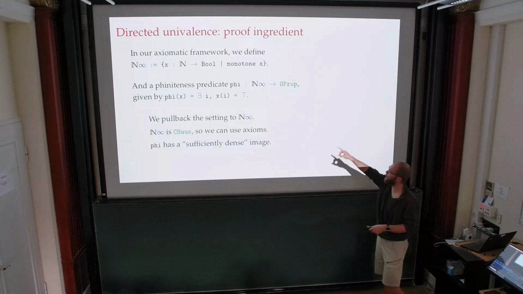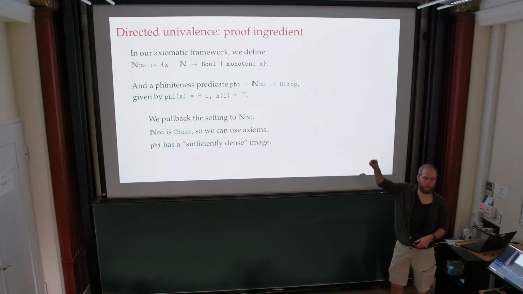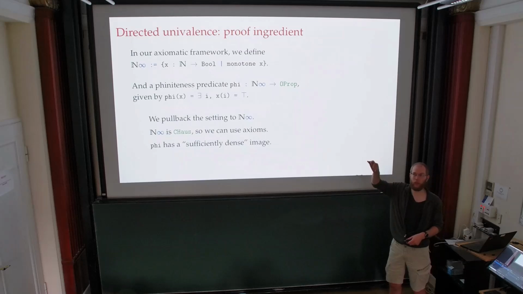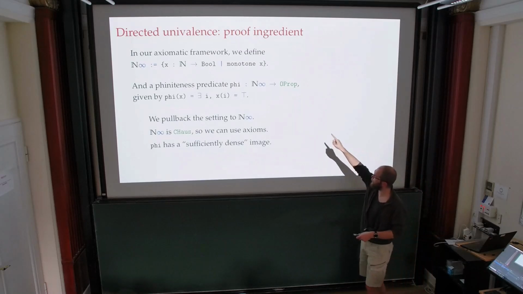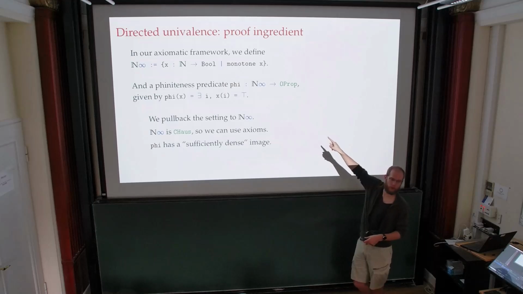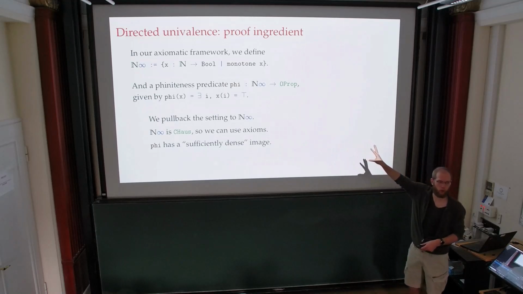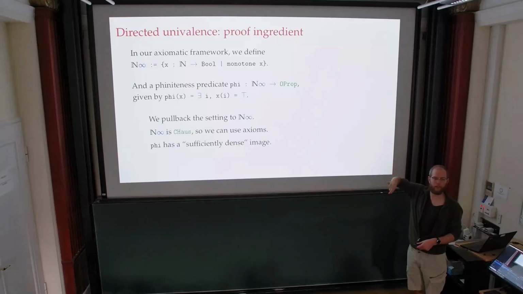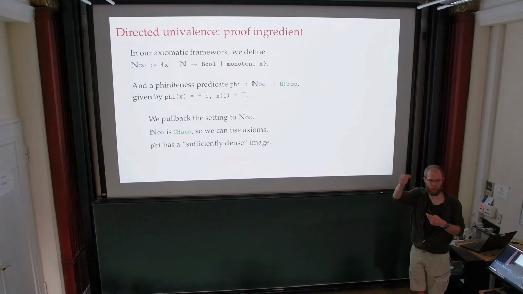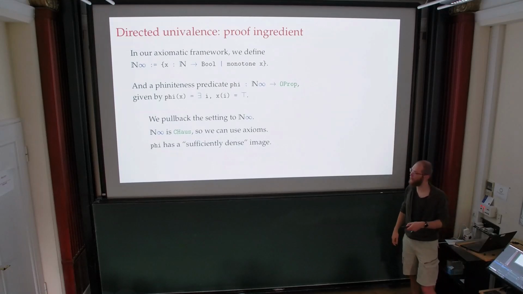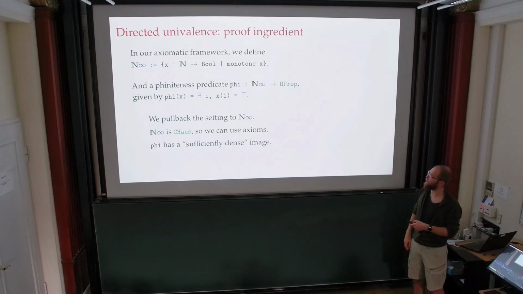Whenever you have an open subset, like a map from n infinity to O prop, if it contains infinity, it will contain an open neighborhood of infinity, meaning it will contain some natural number and all the natural numbers larger than it. That's the kind of stuff that we can prove internally, and we can apply that, for example, to this phi and other predicates that we construct.